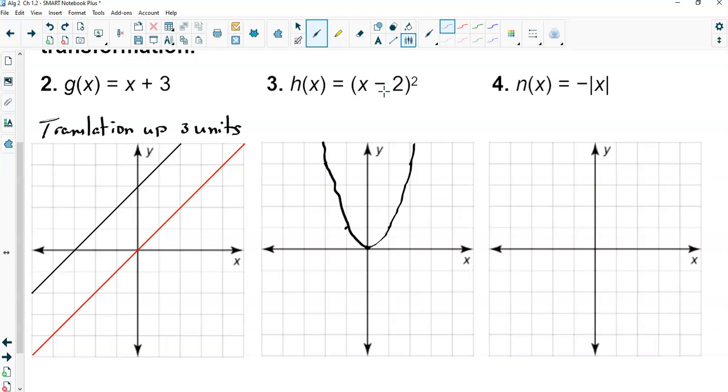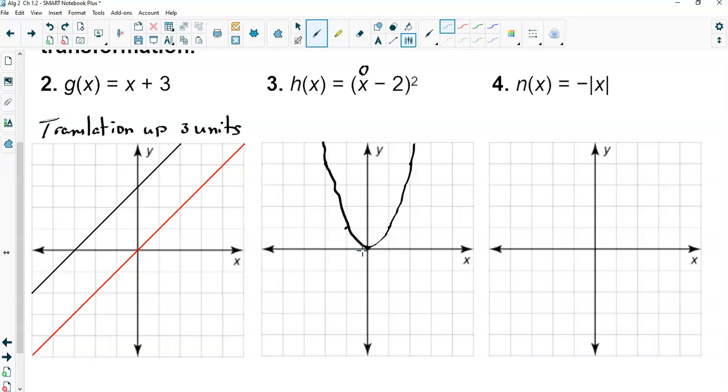Okay, so what happened to this one? (x - 2) squared. Let's see if I give values to x. If x is 0, then 0 minus 2 is negative 2, and negative 2 squared is 4.